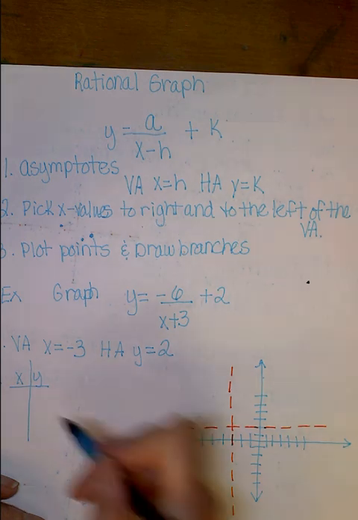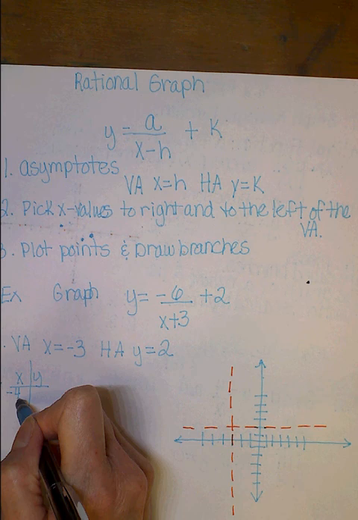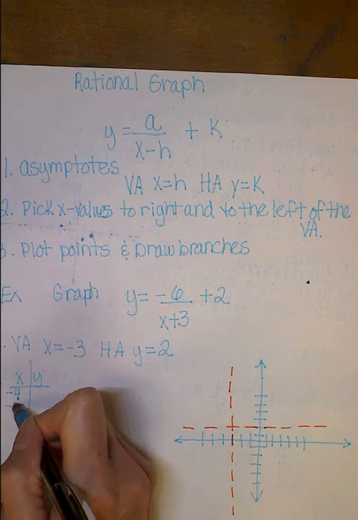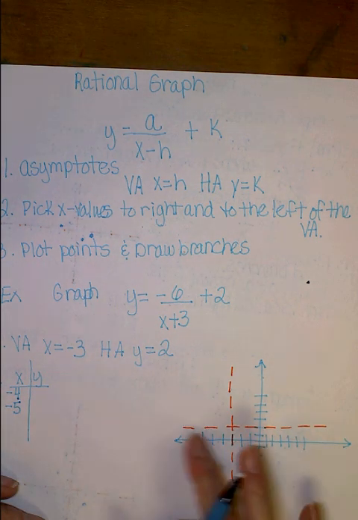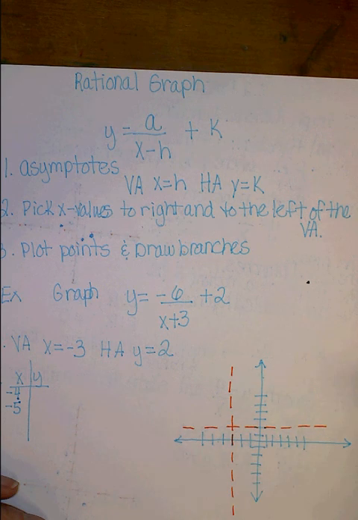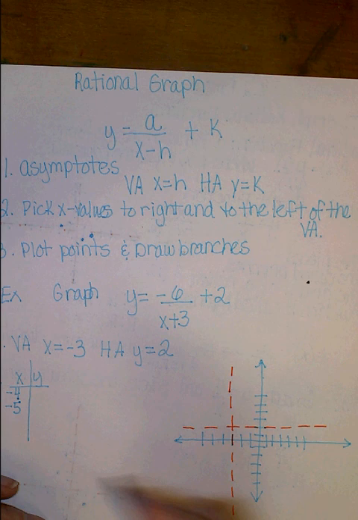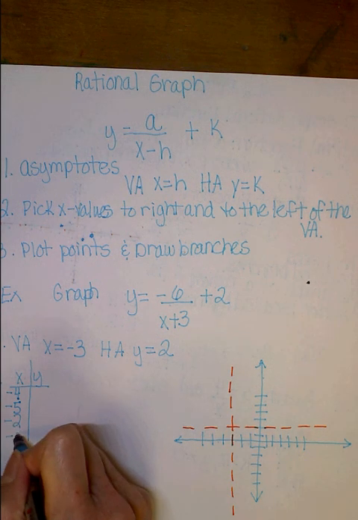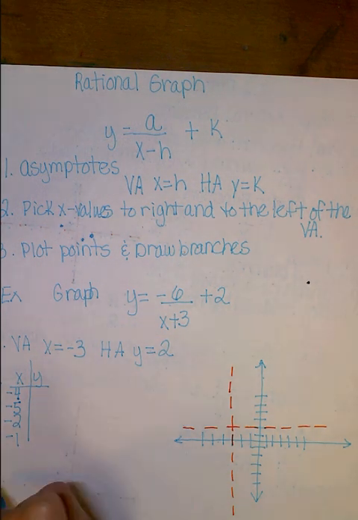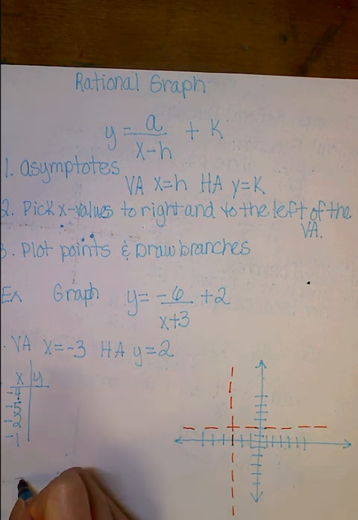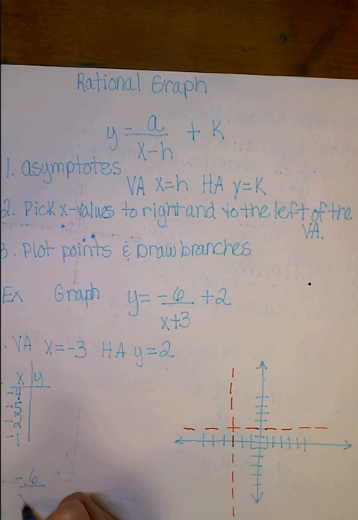So I'm going to do -4 and -5, and that would be over here, -4 and -5. And then I'm going to pick -2 and -1 to the right of the asymptote. Okay, so when I plug it in for x, I do -6 over... I'm plugging in -4.